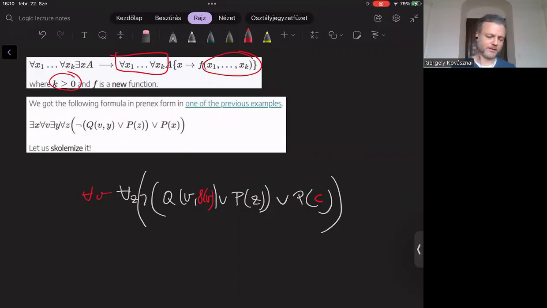Probably you don't remember, but this order of quantifiers was generated by lifting the exists x quantifier first, but it was not a must.